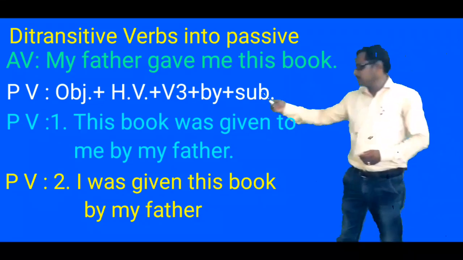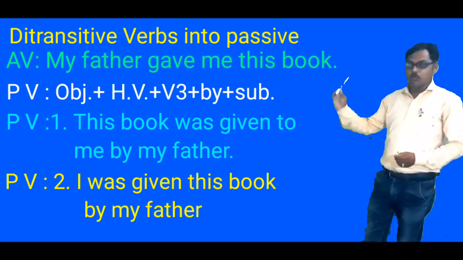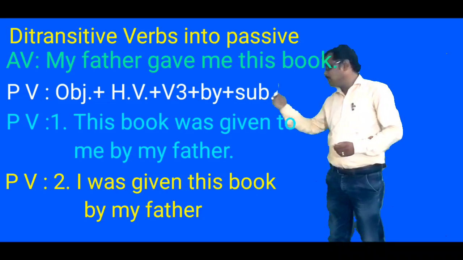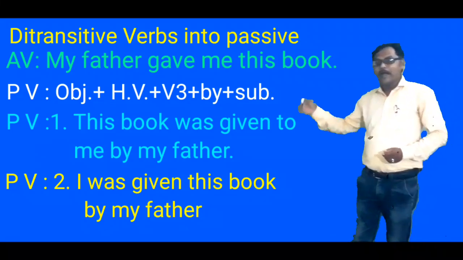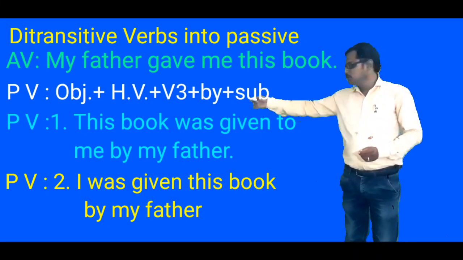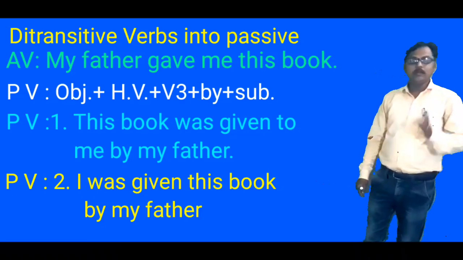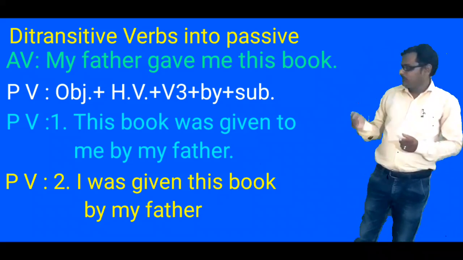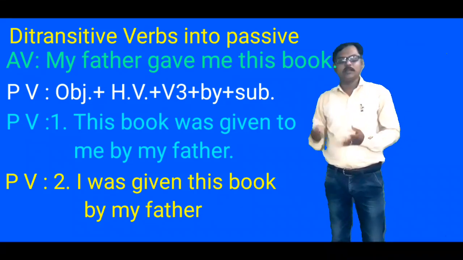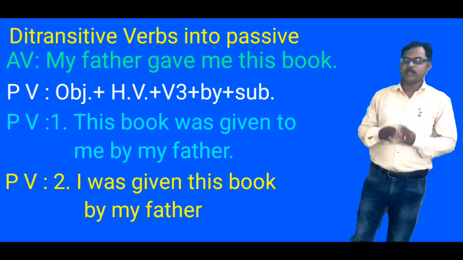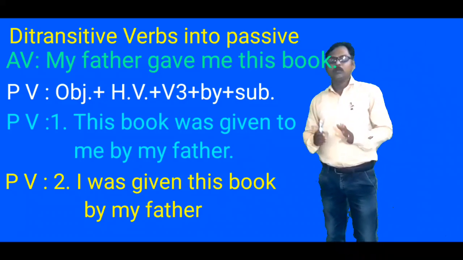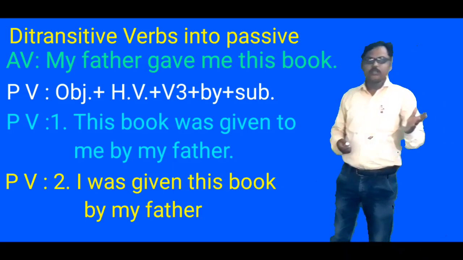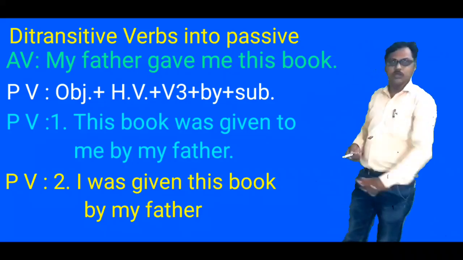So the second sentence is changed like this. This means a ditransitive verb can be changed in two ways: first with the help of the direct object, and second we can choose the indirect object. So the active construction can be changed into two types of passive construction.